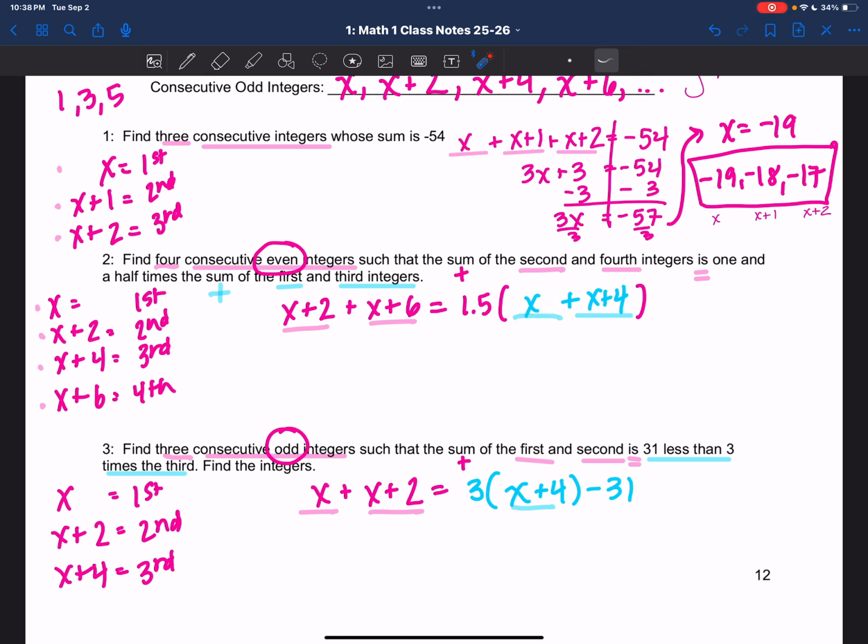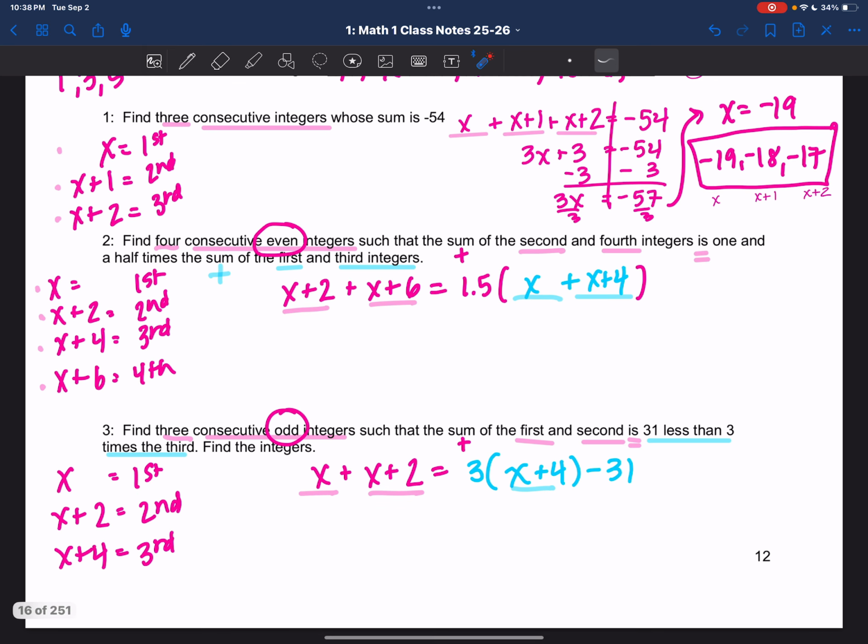All right, and it's 1.5 times all of that. So I set it up for you. I want you to go ahead and solve it. And then make sure at the end, whatever your answer is, you plug it in to figure out what your integers are.